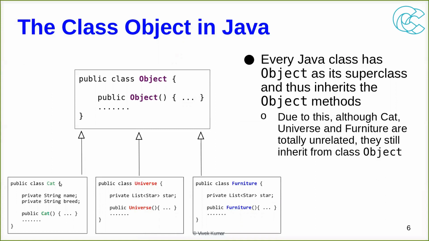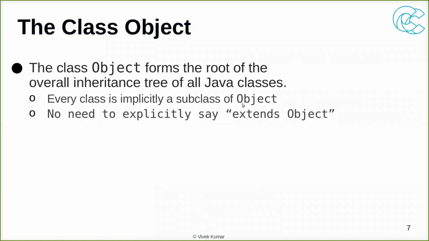In that sense, they are similar. You have cat, universe, and furniture, and they all by default extend this object class. That's the connection we are trying to show from these pictures. Although they are unrelated, they are related through this object class.